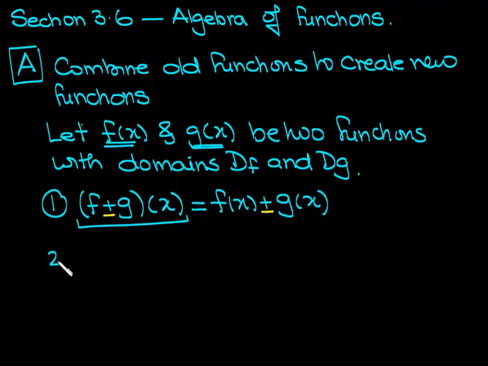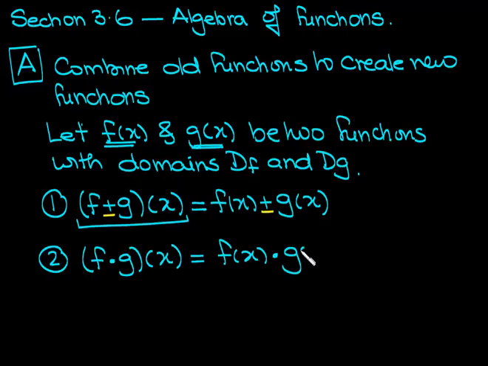Another way I can get a new function is by actually multiplying them. I can take f times g of x. Okay, that's a new function, which is basically the function f of x multiplied by g of x. And I can do the similar thing with division. I have f divided by g of x.